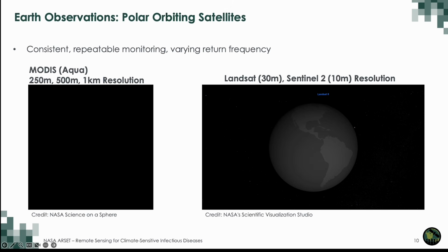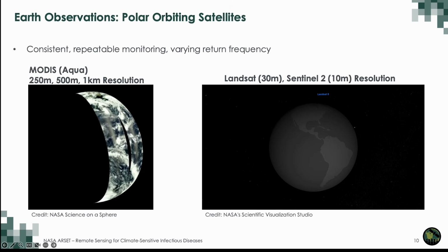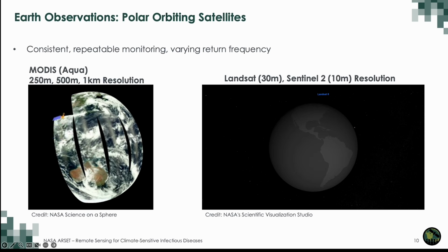And because it has such a large pixel, it can have very large swaths. That's the individual bands that you're seeing appearing on your screen, of imagery, and that allows us to see the entire globe, or almost the entire globe, with small gaps near the equator, as you can see here, almost every day.